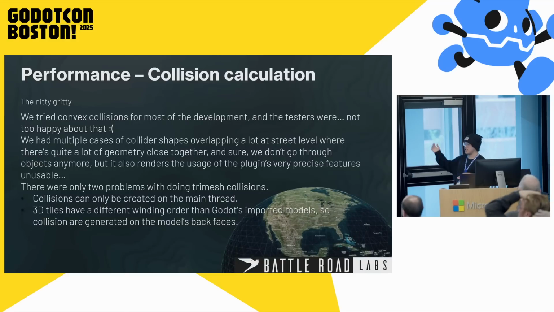Okay. So the reason for that is that we're actually using a custom GLTF parser. We're not using Godot's parser because, again, performance. And we measured that. So the GLTF parser that we use is tailored for 3D tiles.